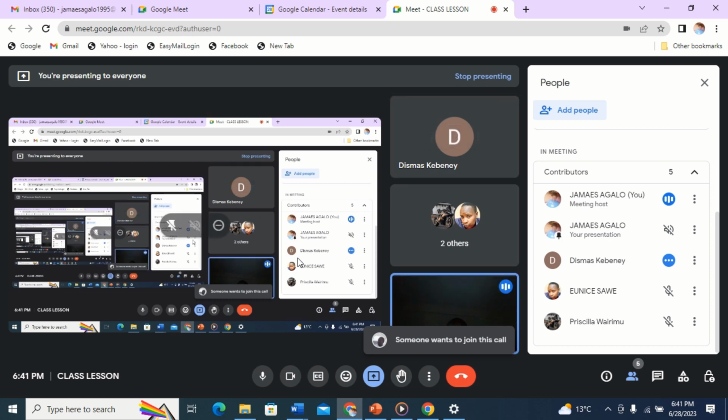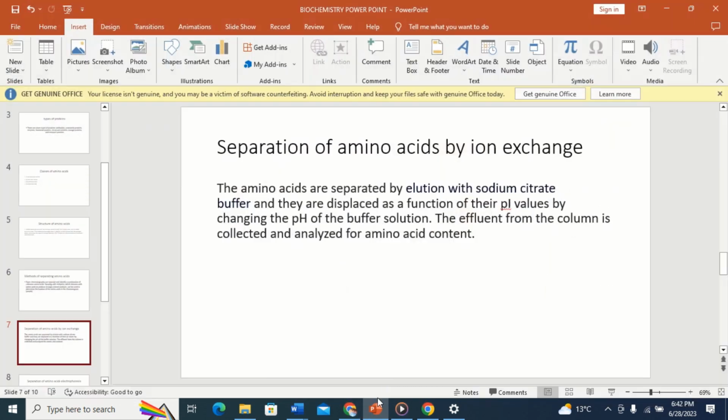Can someone try to guess what it means by the pI when we are talking of the separation of amino acid using the ion exchange? You don't know it? Can I try? Yes, you can try.